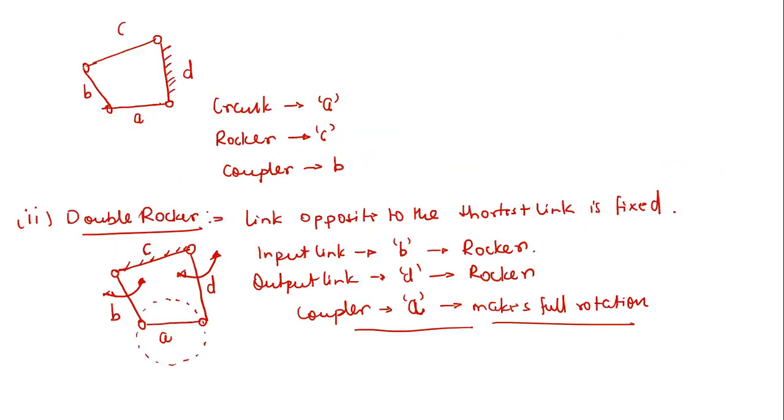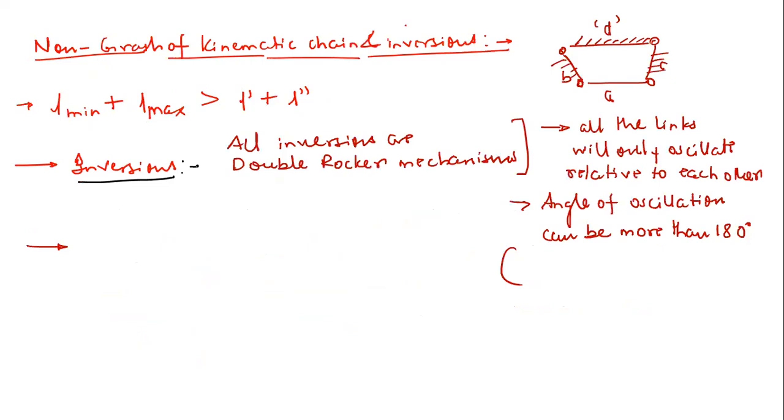Is it possible somewhere here that the angle of oscillation can be greater than 180 degrees? What do you think? No, sir. No, right? As the arrangement suggests, we can very easily guess that for a Grashof kinematic chain, the angle of oscillation cannot be greater than 180 degrees, right? So what does that mean?